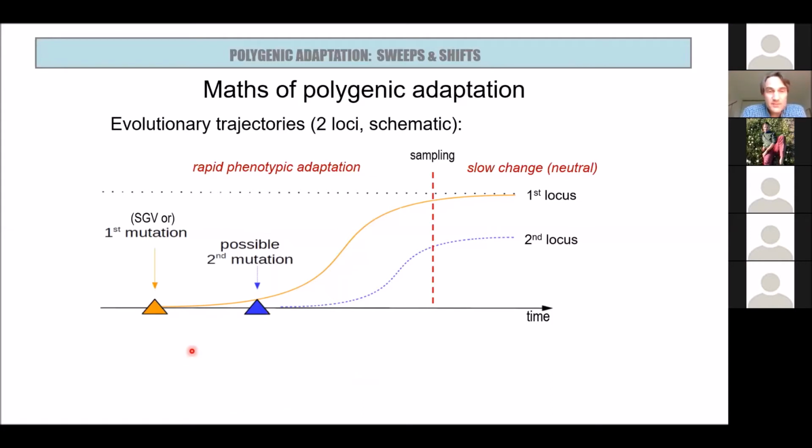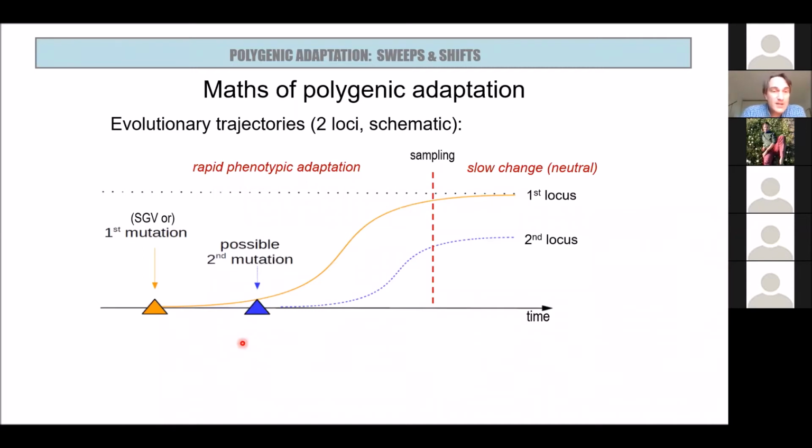Now this is the idea. Initially, if adaptive alleles enter the population by new mutation, they are at a very low frequency, right? Or let's assume also in the standing genetic variation they are at a low frequency if they are initially not neutral, but maybe slightly deleterious. So they are then at a low frequency.